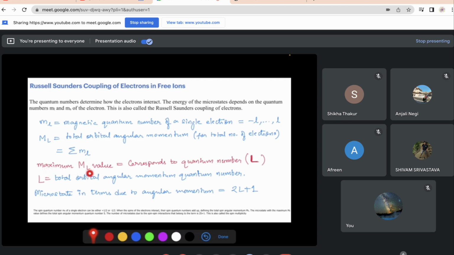The maximum value of capital ML corresponds to the quantum number capital L, the total orbital angular momentum quantum number. So this is the quantum number associated with ML. And the number of microstates due to the angular momentum, we can write as 2L plus 1.